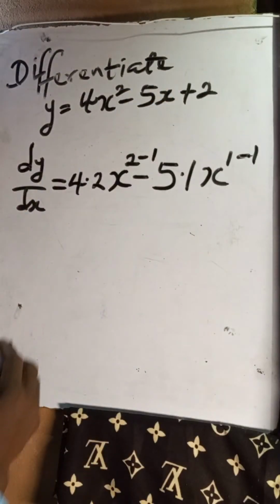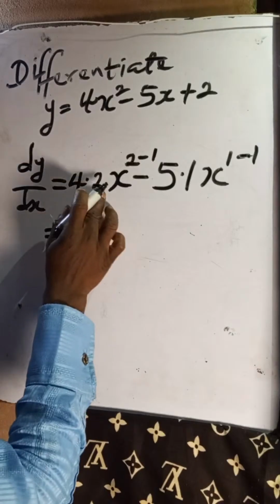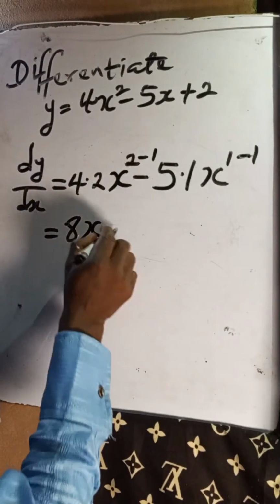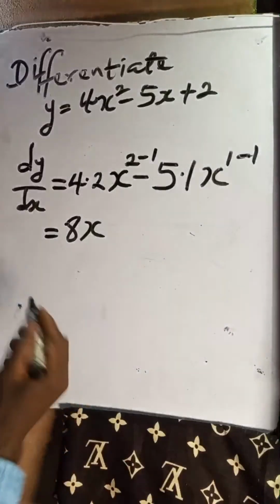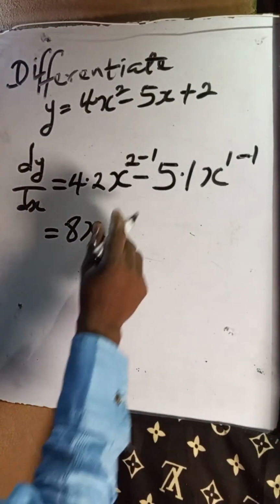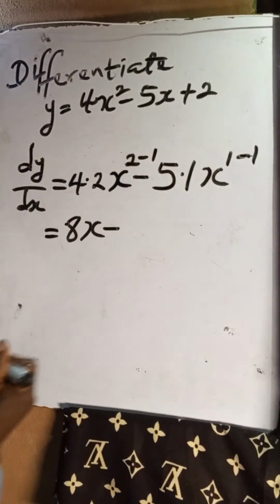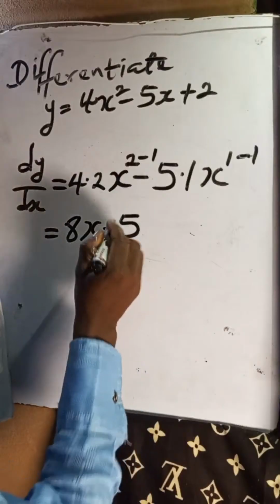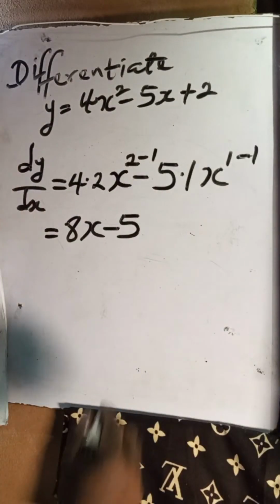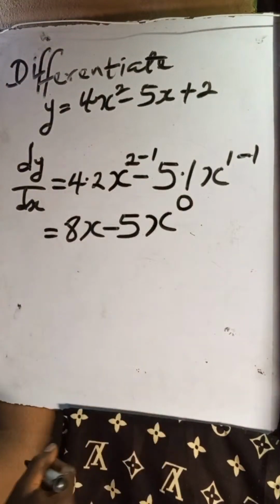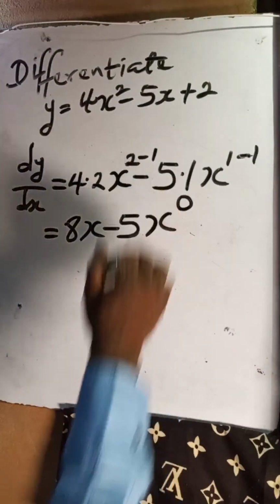Okay. Then we are going to use 4 times 2 is 8. Have your 8 here. Then we have x. X raised to power 1 is the same thing as x. Then minus, this one, 5 times 1 is 5. Then we have x raised to power 0.